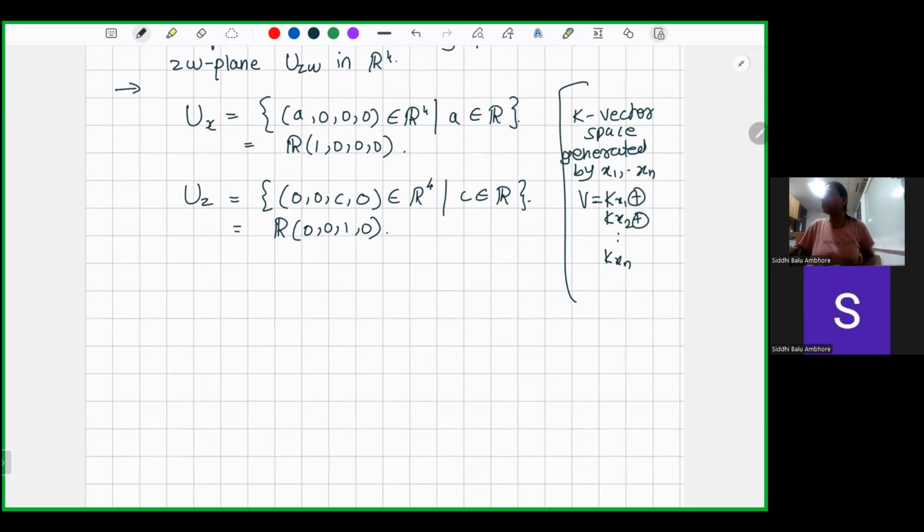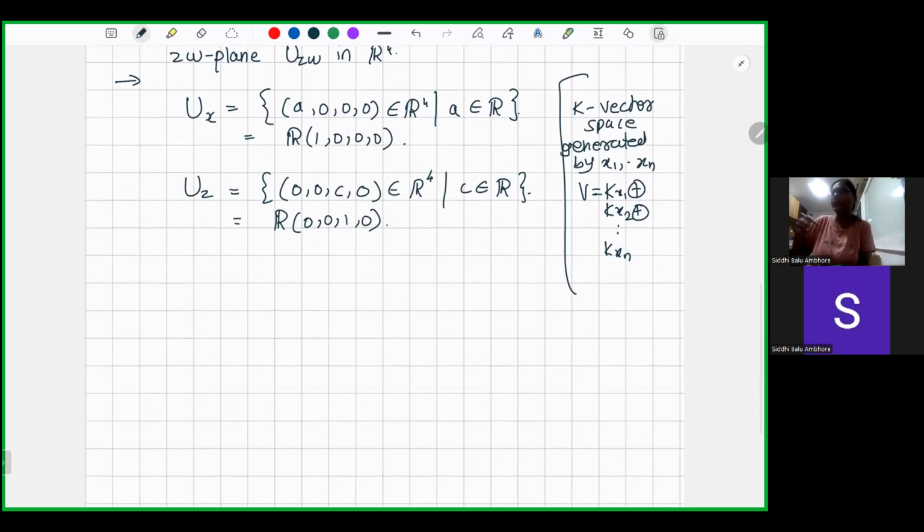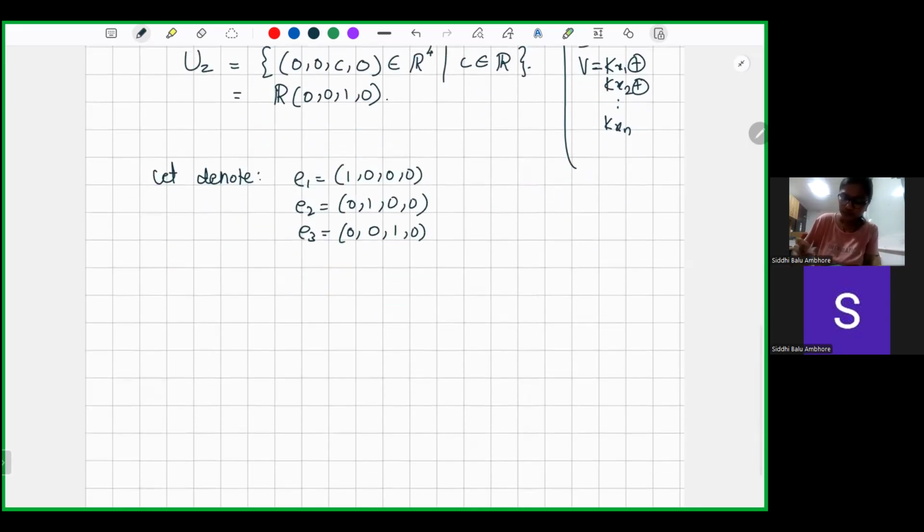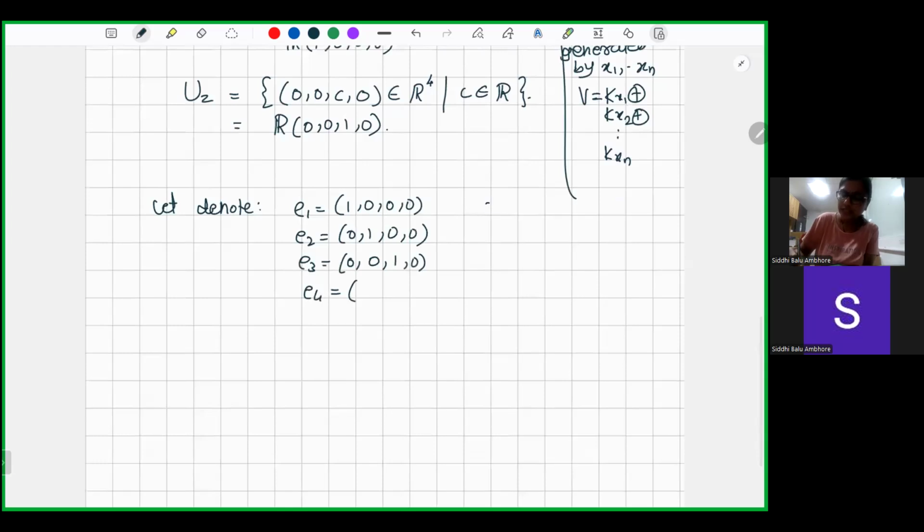So these are the subspaces. We denote E1 is equal to (1, 0, 0, 0). This is XYZW as denoted in the question and nothing else.